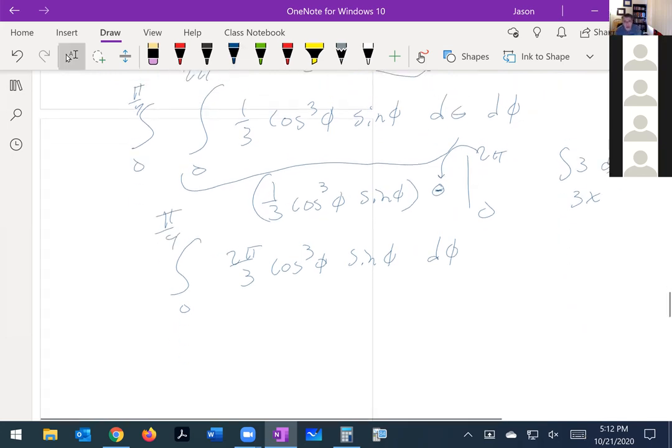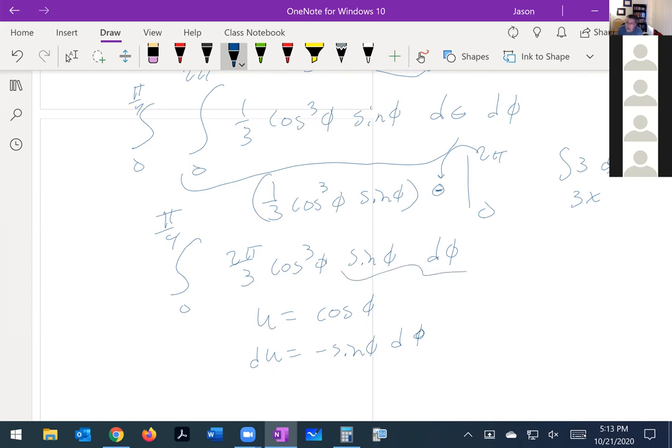Now we have to just integrate this with respect to phi. Well, this is just an easy u sub. u is equal to cosine phi, du is equal to negative sine phi d phi. Look, there's my integration factor.